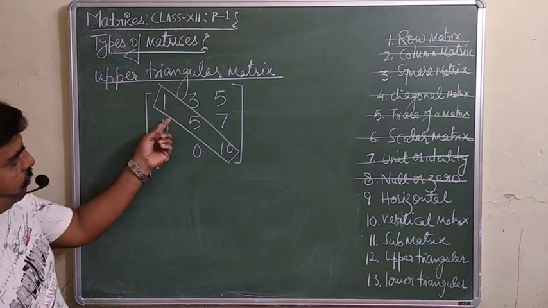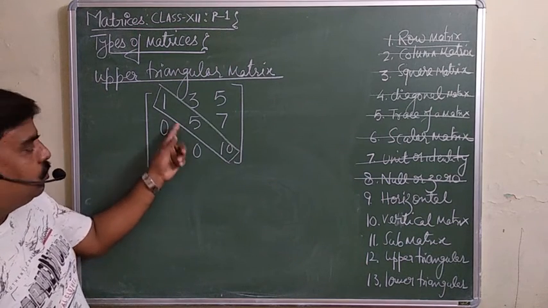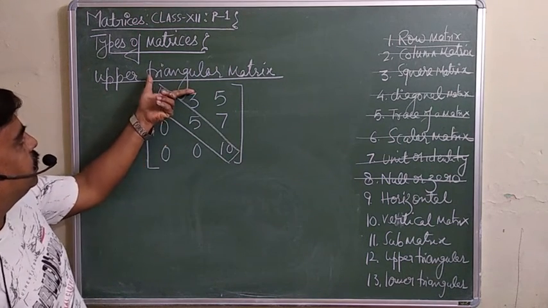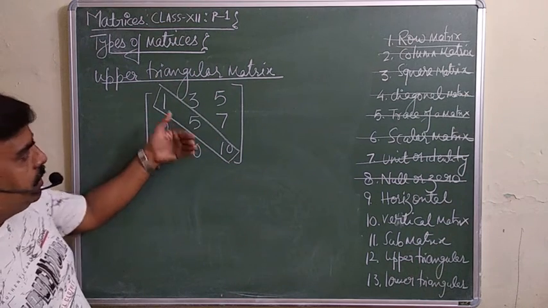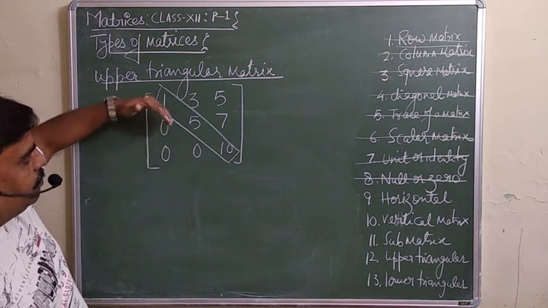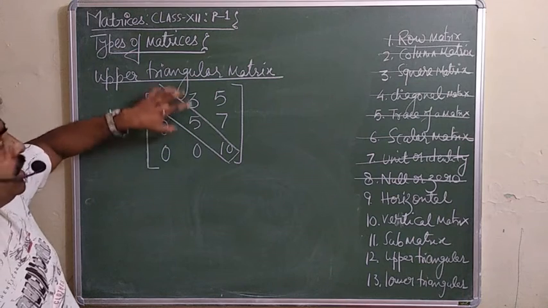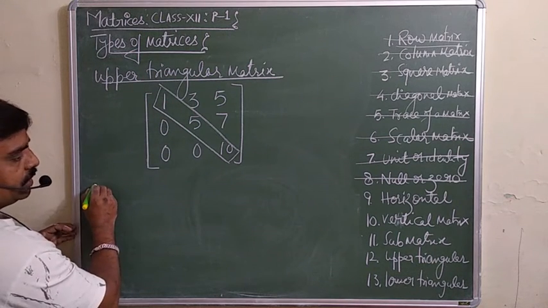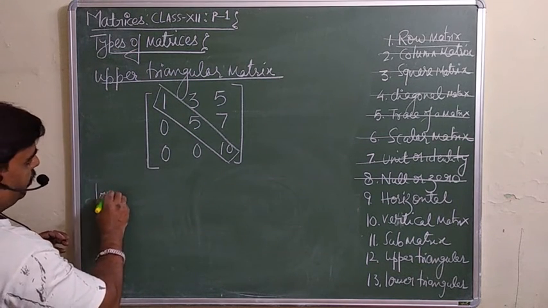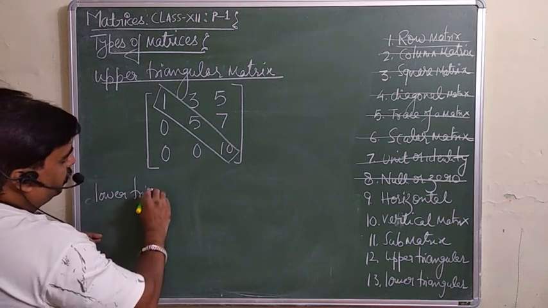If the lower portion has only 0 elements, then you can say this is your upper triangular matrix. It means that below the diagonal, if the rest of the elements are 0, that is known as an upper triangular matrix.